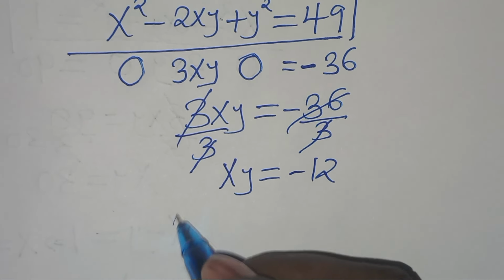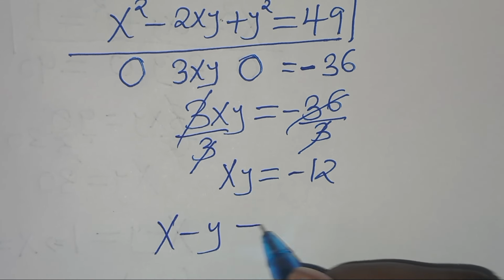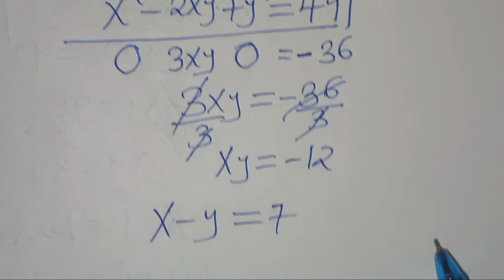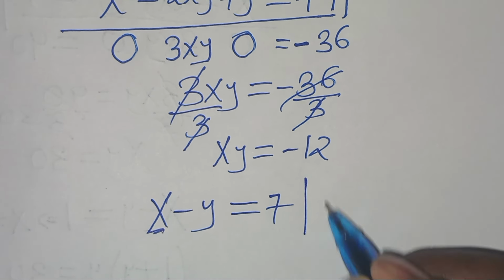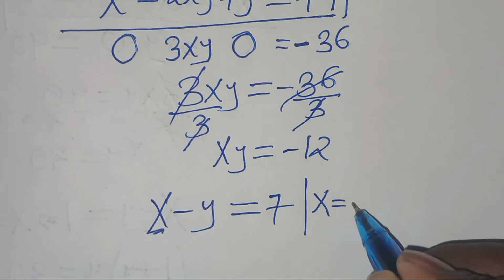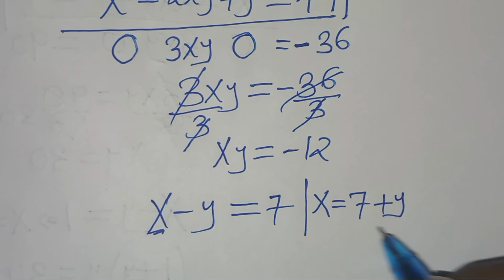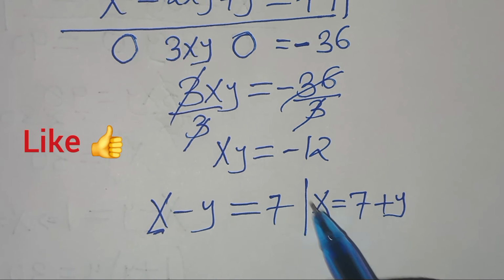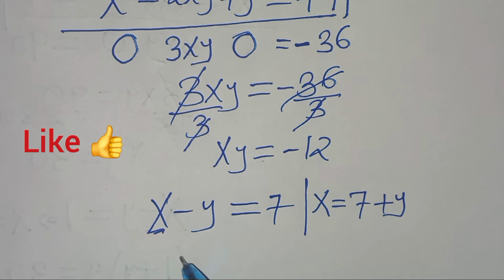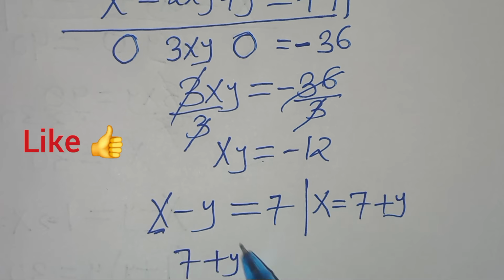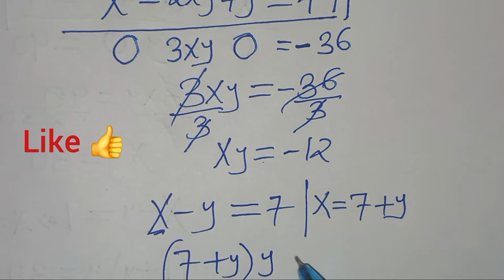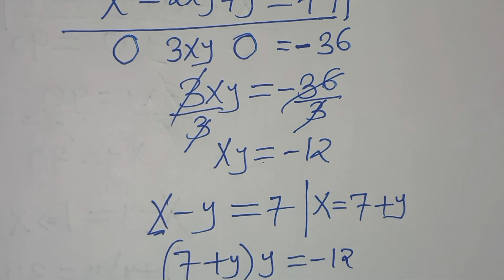And given that x minus y is equal to 7, let's make x the subject of the formula here, so that x is equal to 7 plus y. Let's substitute this x here, so that we have 7 plus y multiplied by y, equal to minus 12.